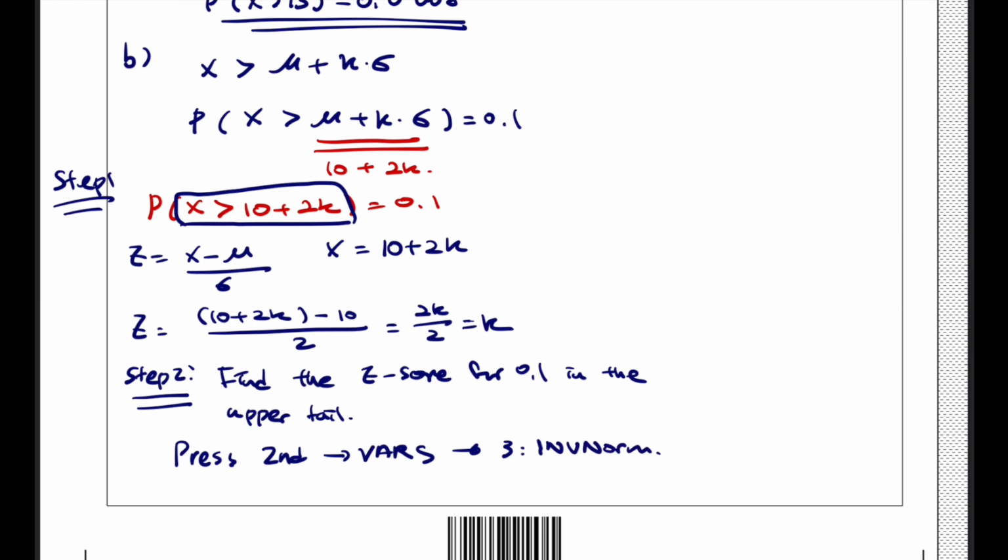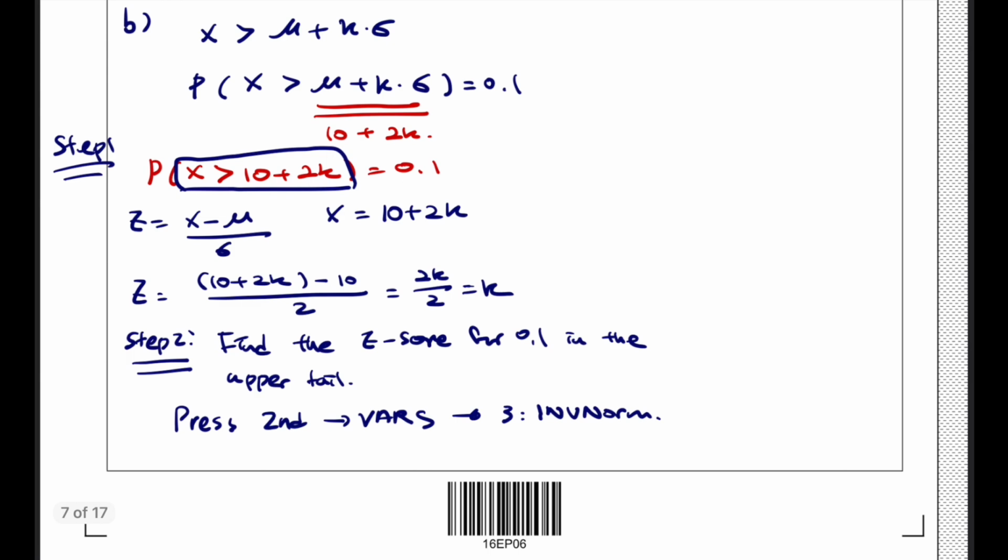Okay, and we're going to enter 0.9 as our area. Some calculators can definitely use 0.1 right away. In that case, if you're using 0.1 as your area, sometimes you have to choose your tail, and in that case, it is the right area, right?